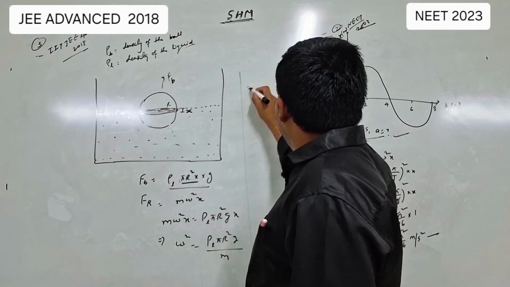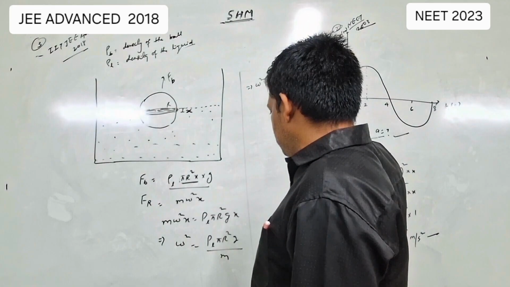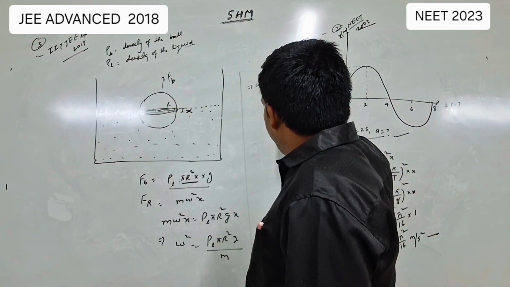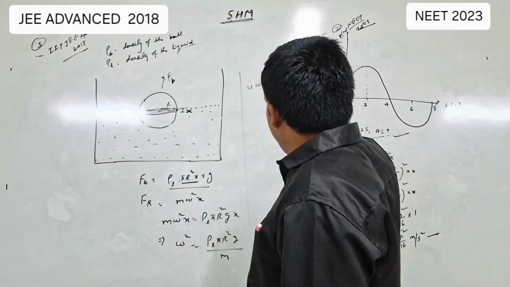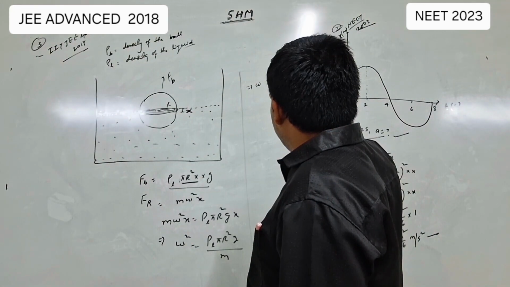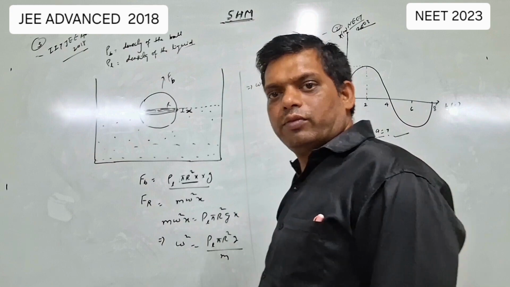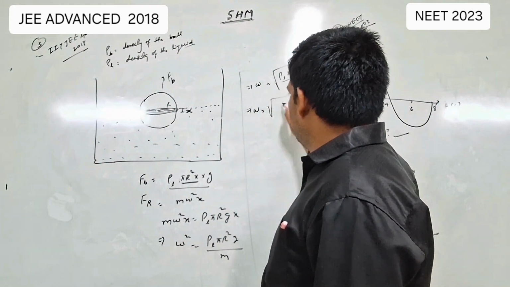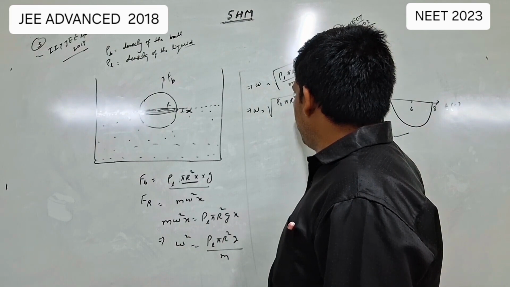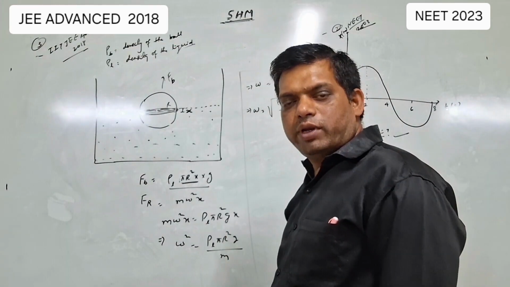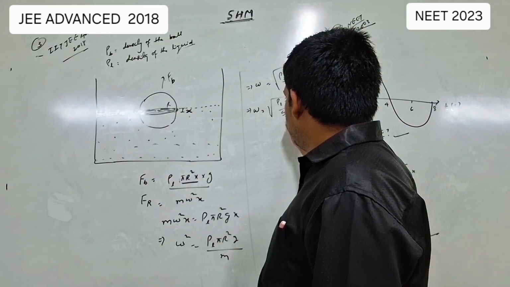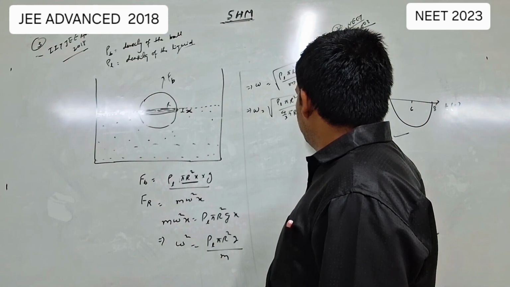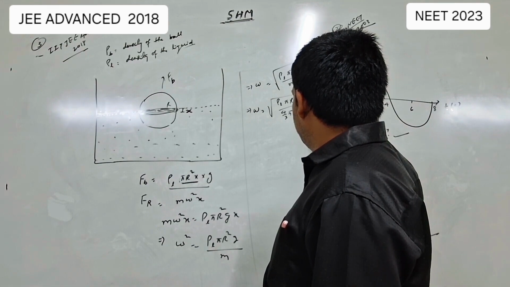Therefore, omega is equal to under root of rho L pi r square g upon m, and the mass of the spherical ball is 4/3 pi r cube into the density of the ball.